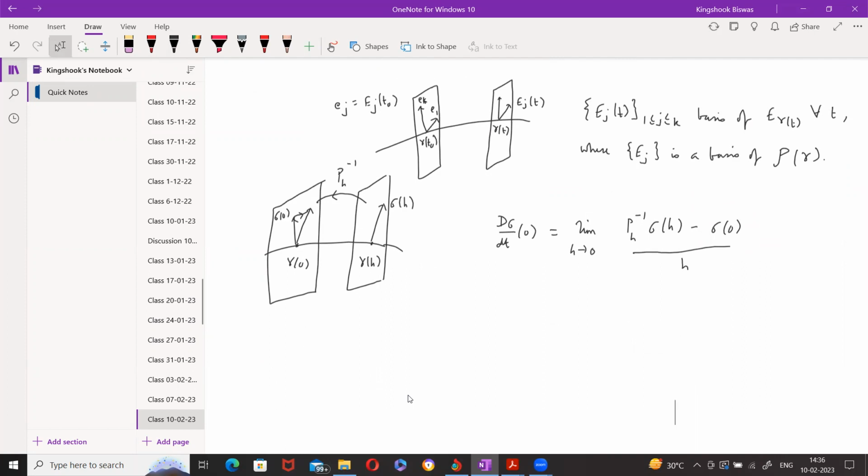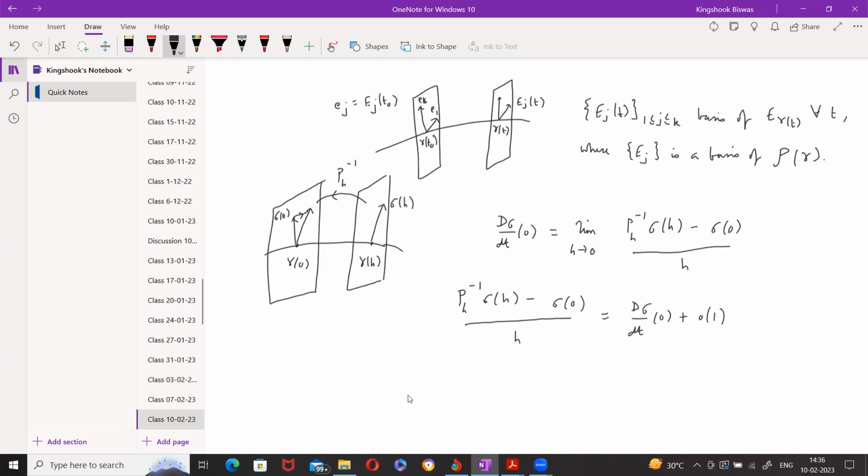So what does this mean? This means that if I look at P_H inverse of sigma_H minus sigma_0, divided by H, this is d sigma/dt at 0 plus little o of 1, right?